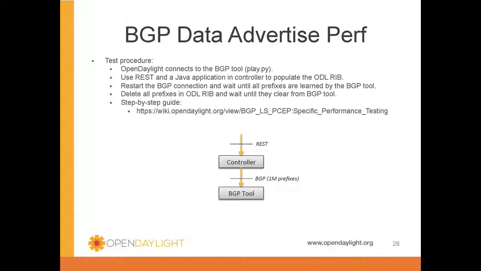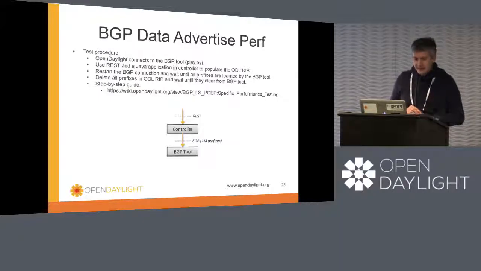Now, there is another test we did for data advertisement. We support learning, but also advertisement of prefixes. In this case, OpenDaylight connects to the BGP tool. We need a tool for this. There are two ways to populate the prefixes in the controller: one is using REST, and the other is using a Java application.